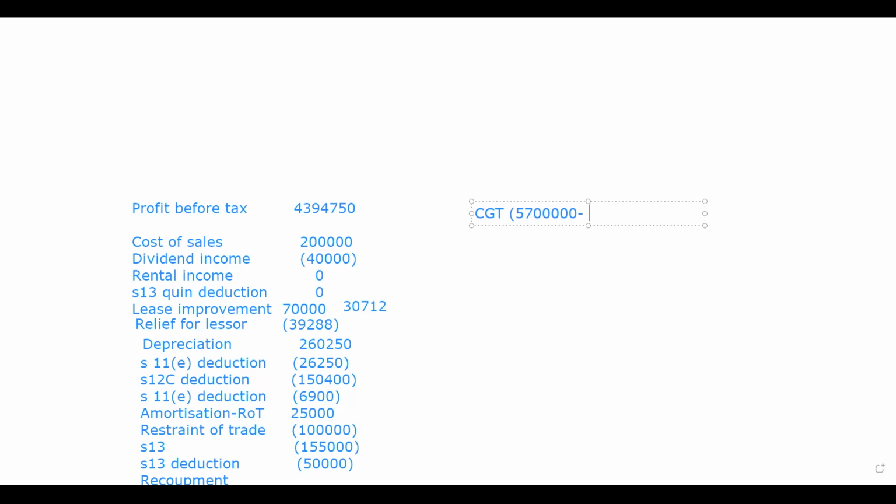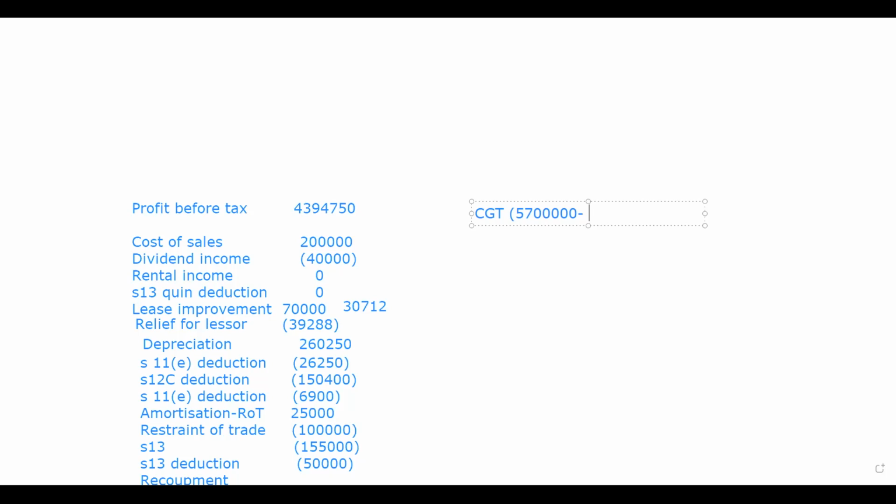And to that 4.1 million, you add the selling cost to the base cost. That's the rule. So you add 210,000 plus 120,000. That's the principle for base cost.